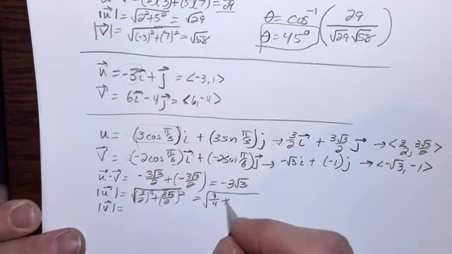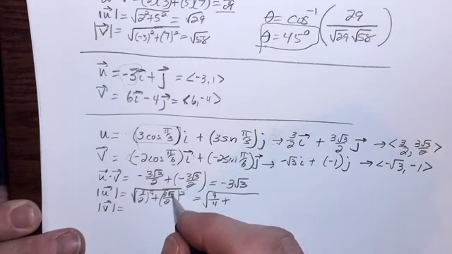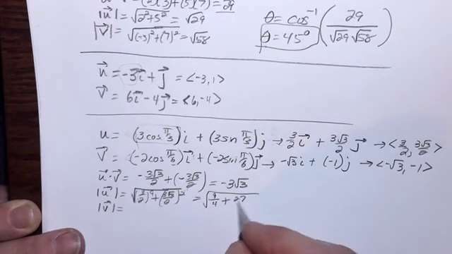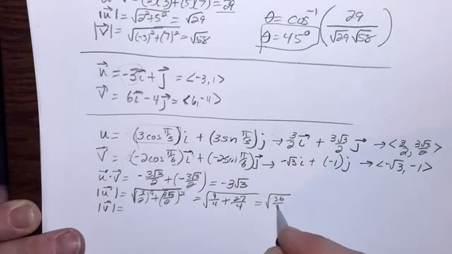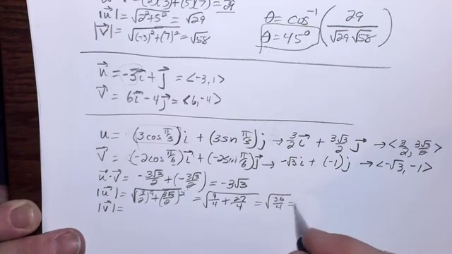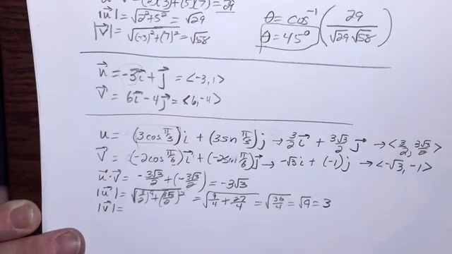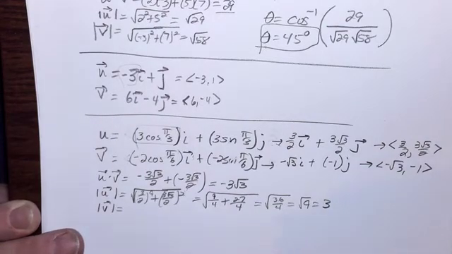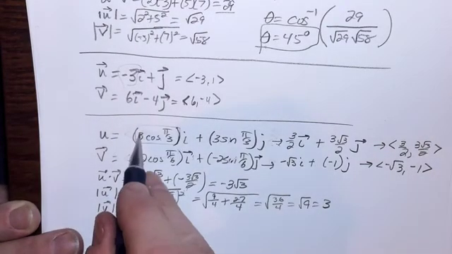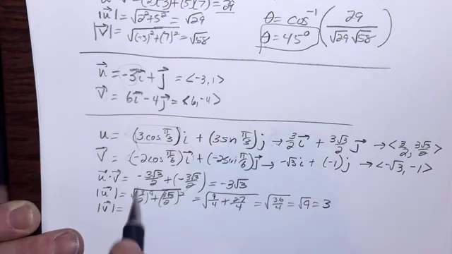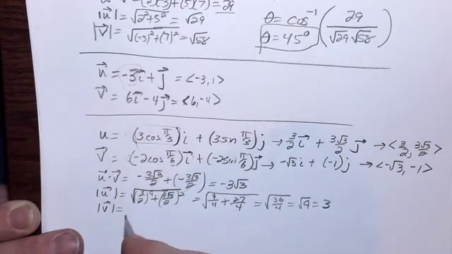You don't have to work this out. 3 squared is 9. This squared is 3, so 3 times 9 is 27 over 4. So it's the square root of 36 over 4, which is the square root of 9, which equals 3. Isn't that interesting? Look at this back up here. Did all that work to find the magnitude, and there's the magnitude of it.